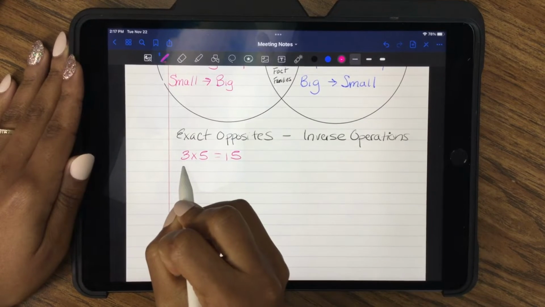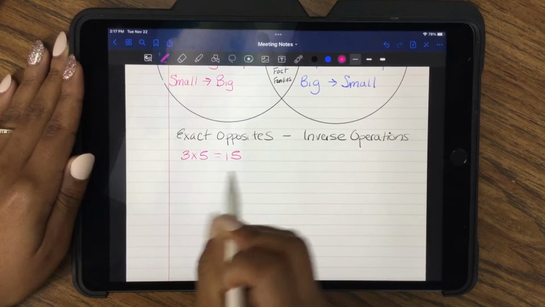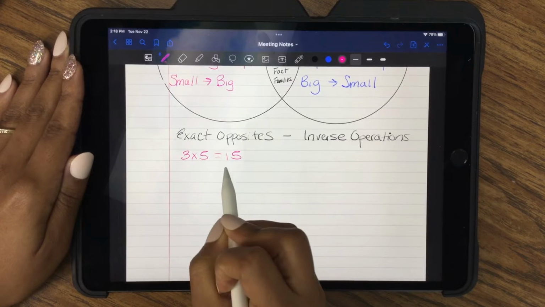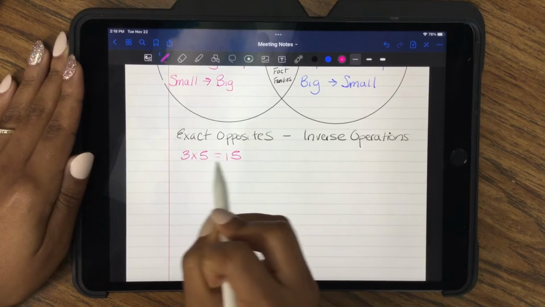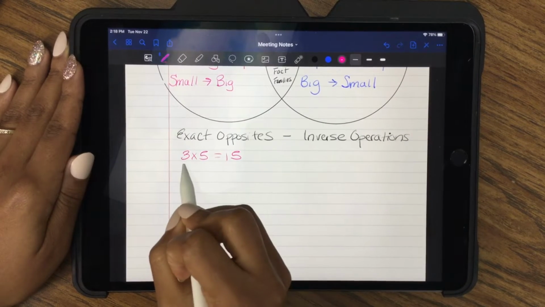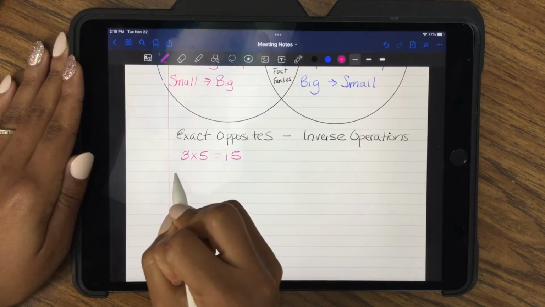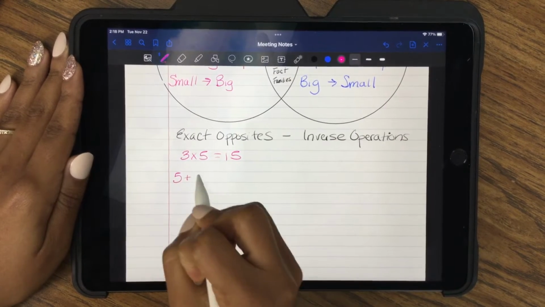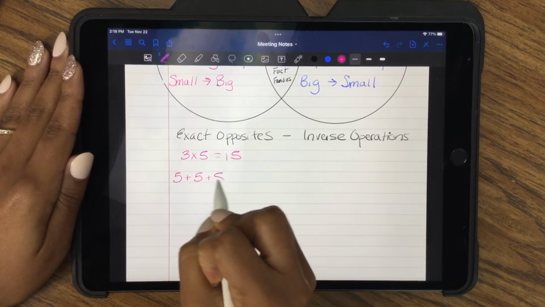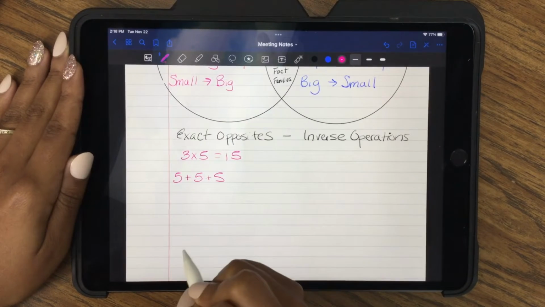The way that we always practice reading this multiplication problem is 3 groups of 5. So that means we're going to have 5 plus 5 plus 5. 1, 2, 3 groups of 5.